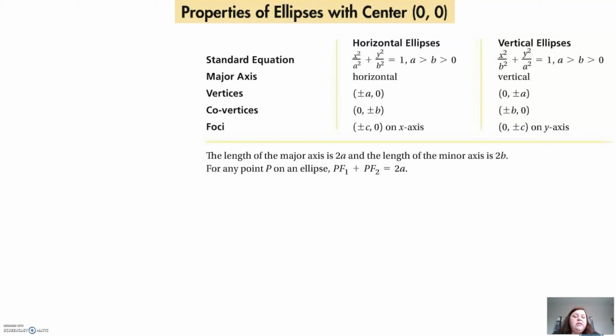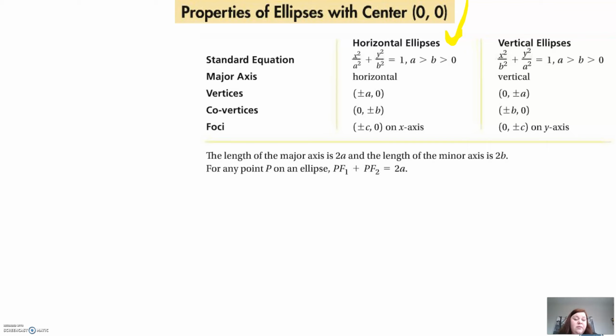Okay, so let's talk about horizontal ellipses first, which is that first column here. Okay, so our equation is x squared over a squared plus y squared over b squared equals 1. One thing to note here too is that a is greater than b and it's greater than 0. So a and b are those distances from the origin out to either the vertex or co-vertex.